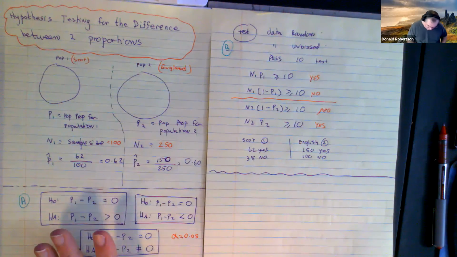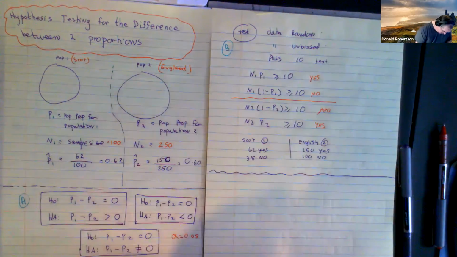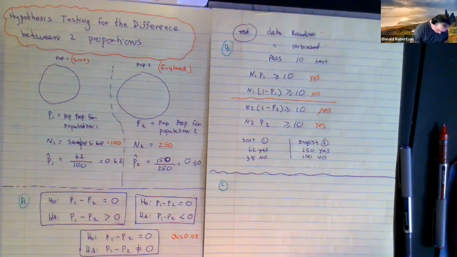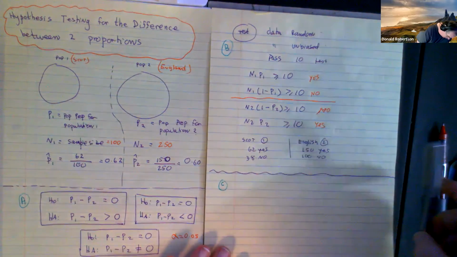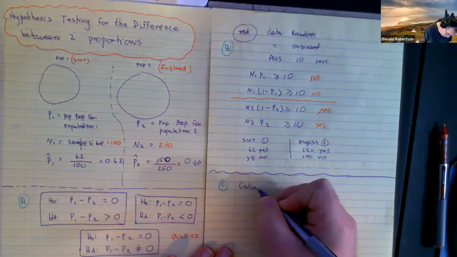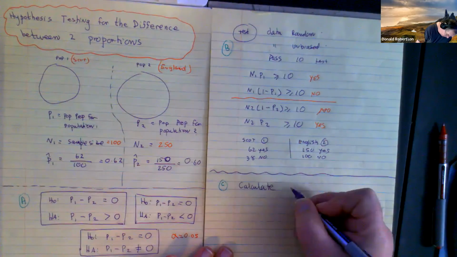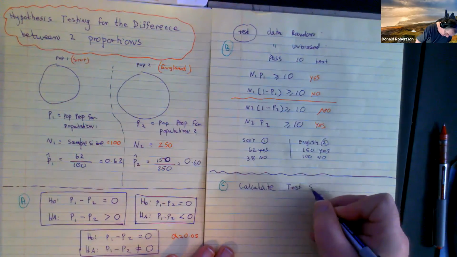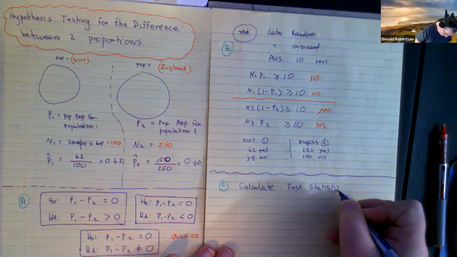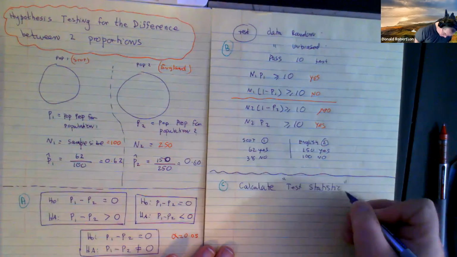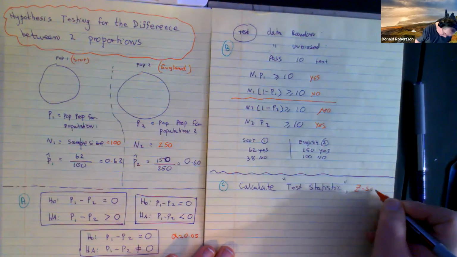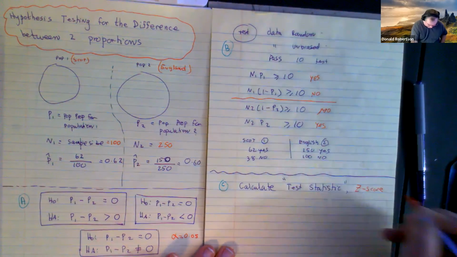So where do we go next? Well, call it C, ABC. We have to calculate what they are calling the test statistic. I call that guy the Z-score. Well, not just me, but other people as well.